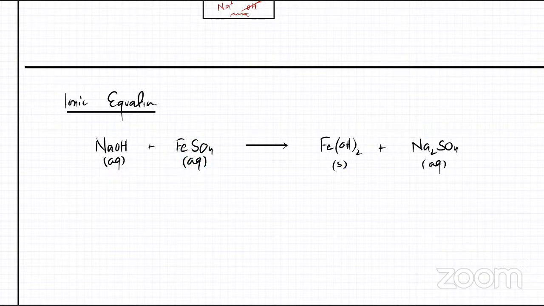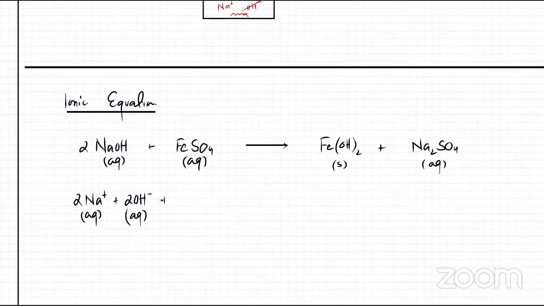Now, what did I tell you about aqueous? I told you that when something is aqueous, its ions are all dissociated. They're all just roaming around freely in all directions, right? You clear? Okay, so if I say NaOH is aqueous, that means its ions are separate and completely dissociated.